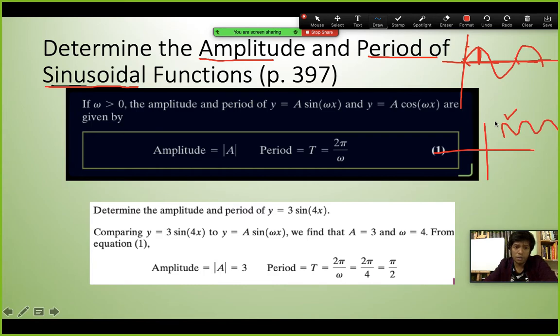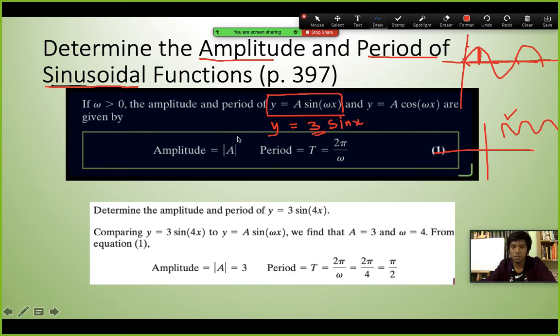Now, how do we find out the amplitude and frequency? So you see our function that we discussed. One example we discussed, y equals 3 sin x. So you see this 3 is the amplitude. You remember this, our graph actually went 3 units.